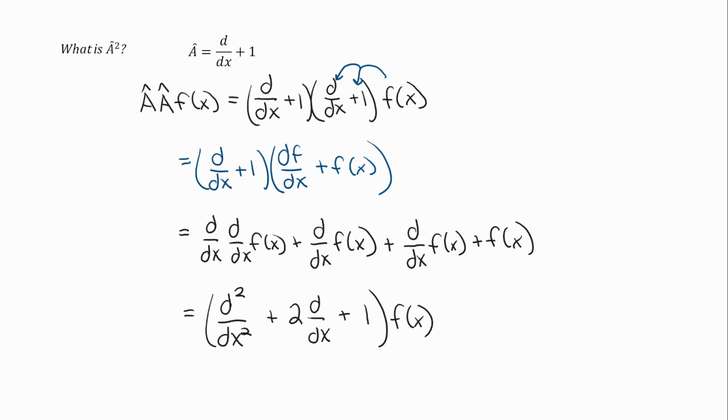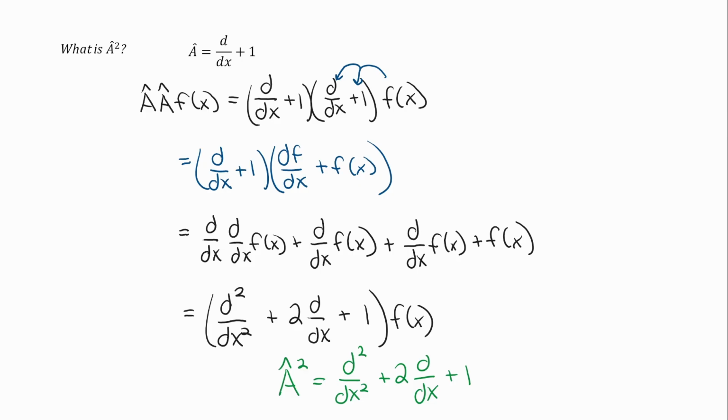I ended up combining our specific operations and also factoring out that f of x function in the same step. This is where we end up getting our operator, where we can see that A squared is the same thing as saying d all over dx, second derivative, plus 2 d over dx plus 1. So this is actually how you find the square operator for a more complex problem.